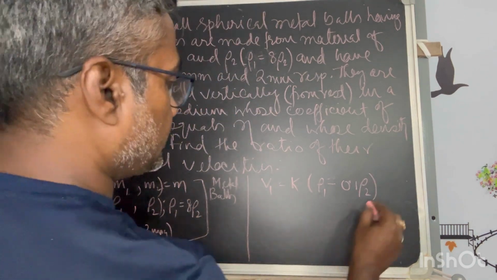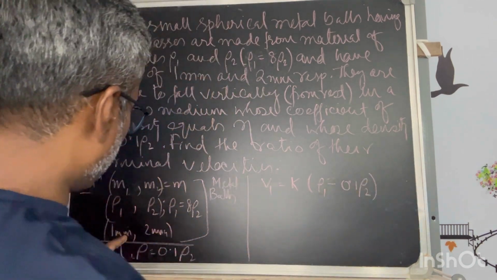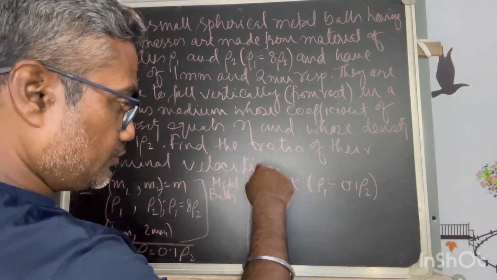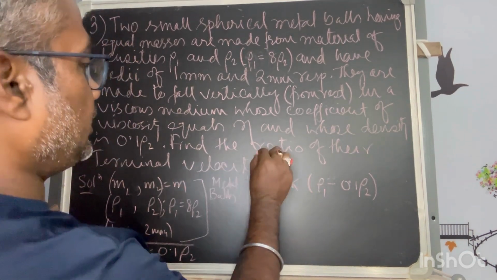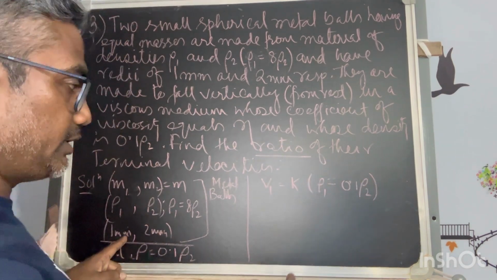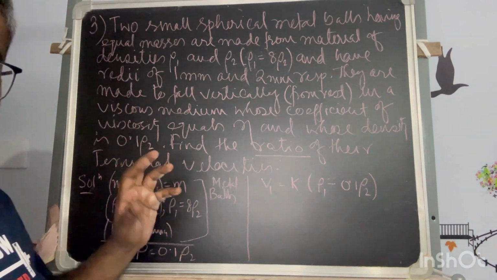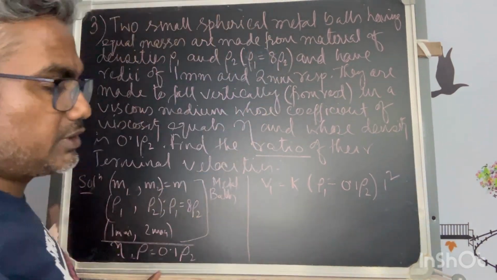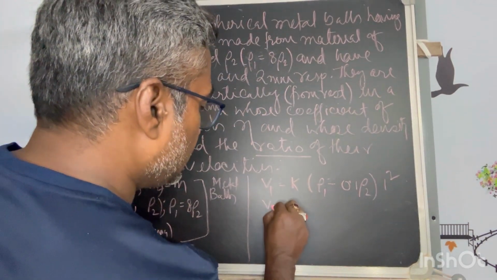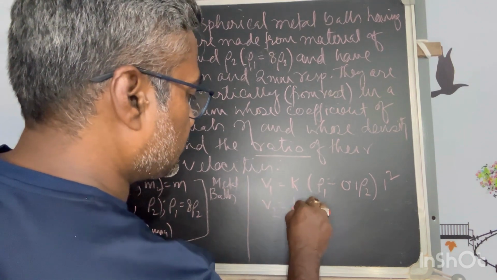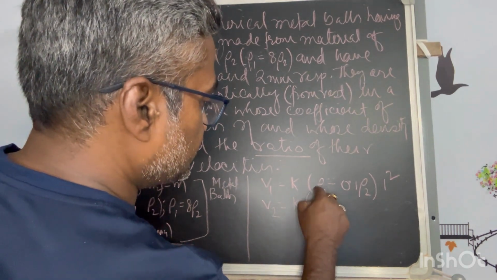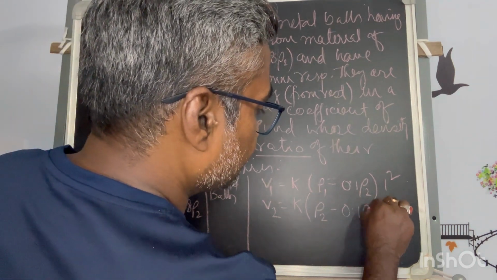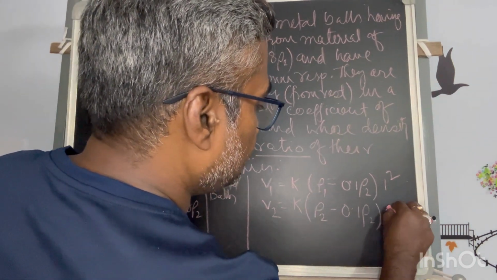For the first ball, I am not converting the radius into centimeter, because I need a ratio, and while doing the ratio the conversion will be the same for both cases, so I need not worry about it. Instead I put the values directly. For the second ball, if the terminal velocity is V2, the constant will be the same, and instead of rho 1 it will be rho 2, and the other things will remain the same, only the radius will be 2 square.